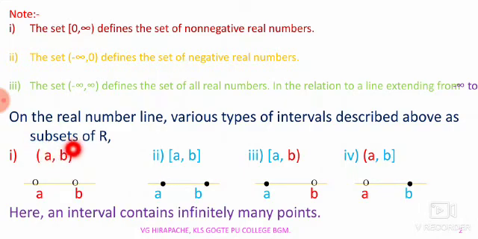Whenever an open interval is given, it will be shown on the number line with an open circle at a and an open circle at b, because a and b in an open interval are not inclusive. Meaning, the numbers lying between a and b are included, but a and b are not included.